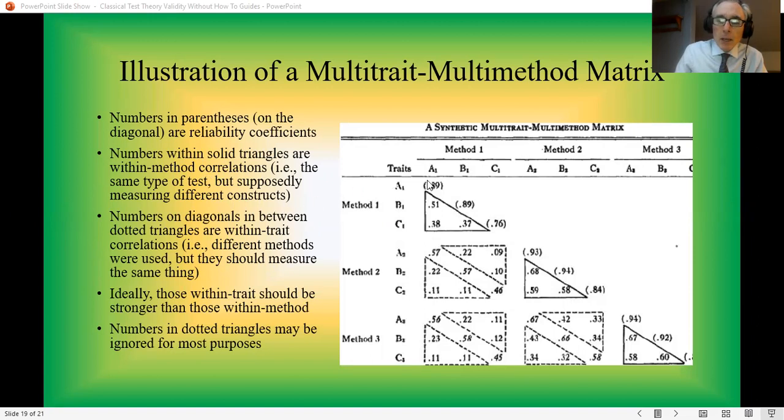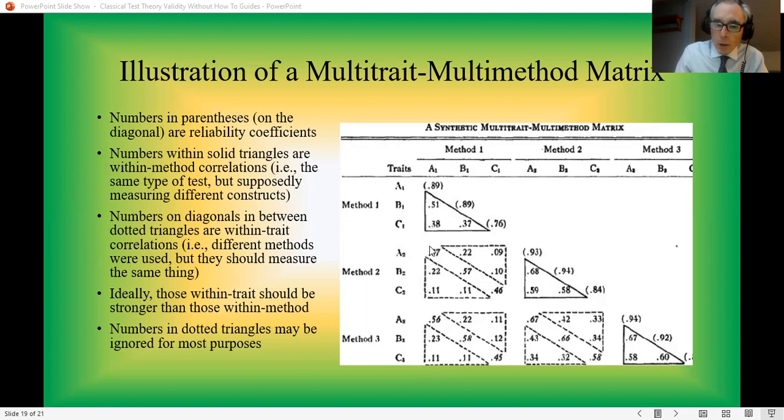Those numbers in diagonals here are, I believe, reliabilities, but then, yeah, here we go. Or those are within trait correlations, yeah. And then, what you're hoping for is that when you're measuring trait A, the correlation with trait A using method 2 or trait A using method 3, those should be stronger than the correlations that trait A has with measures of traits B and C using the same method.